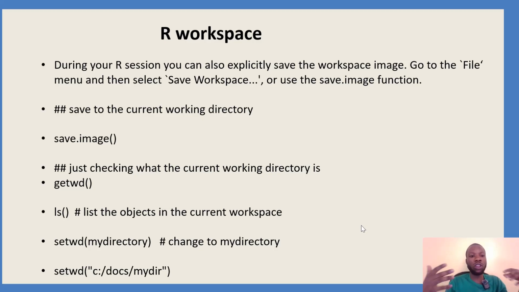And also when you need to check the current working directory, you will use getwd. And then to see the list of objects: when we say object, understand that, for example, in a programming language, maybe you are building a program where you combine the name of a student, the marks of a student, and also the gender of the student, so that they can be together.